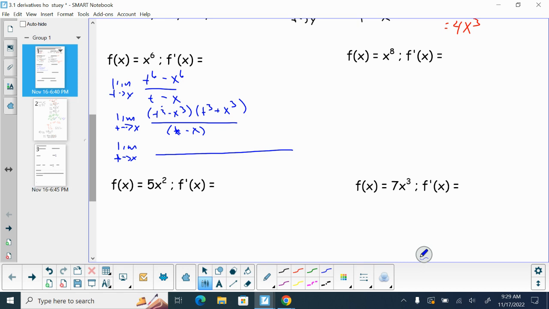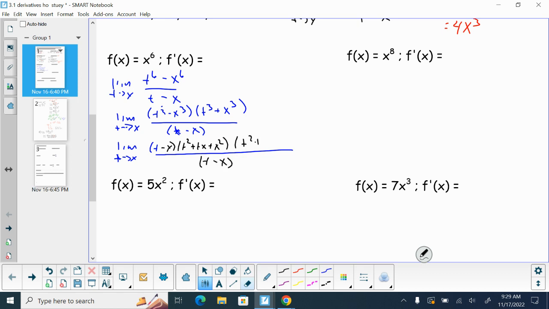We have a difference of perfect cubes, so we have t minus x times t squared plus tx plus x squared. And I'm not going to worry about factoring that down because my goal is to get a t minus x there, because I want to move them to Texas.